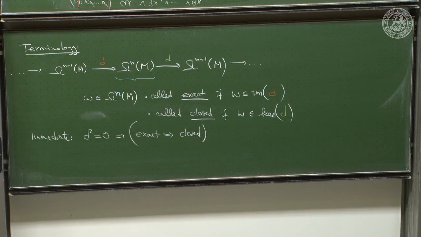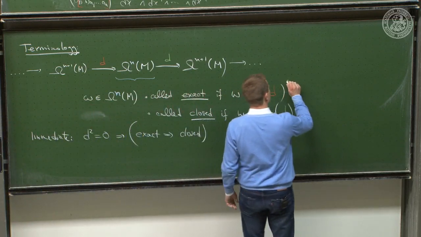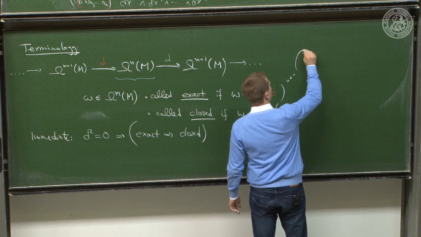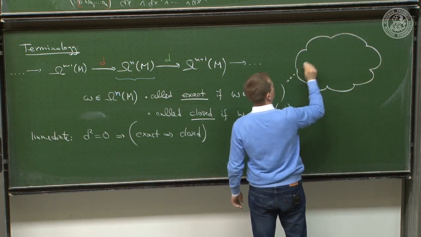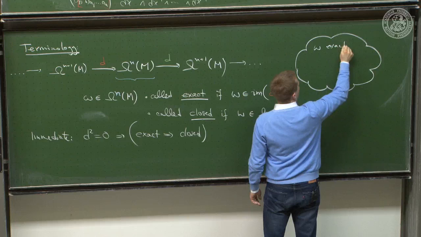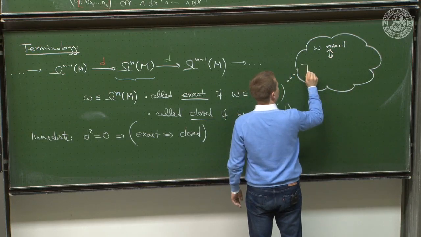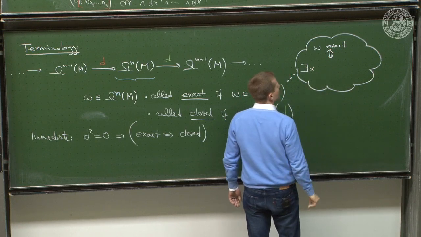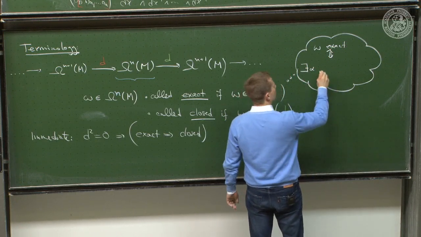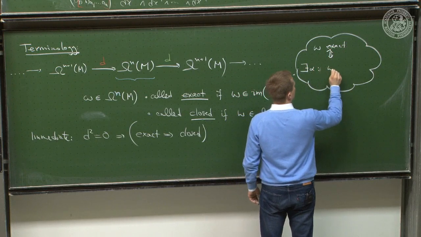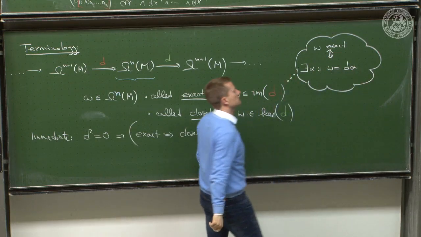Okay? Because you can think of the exact forms as follows. For an exact form omega, there exists a form alpha of one degree less, of course, such that omega is d alpha.